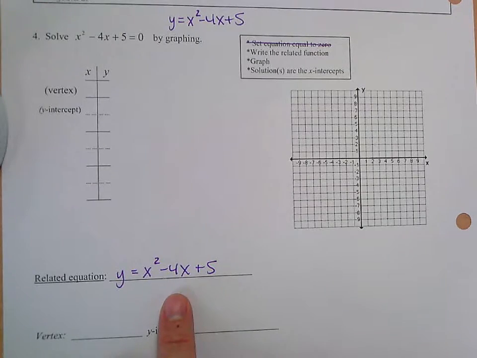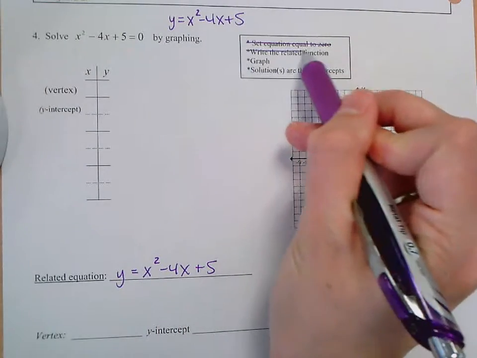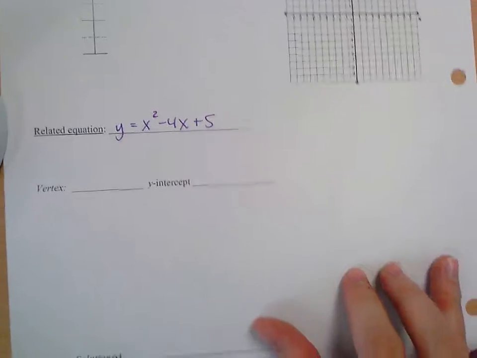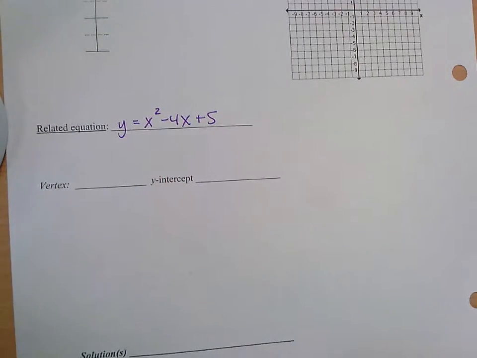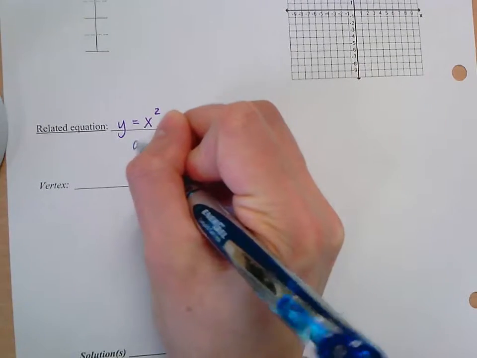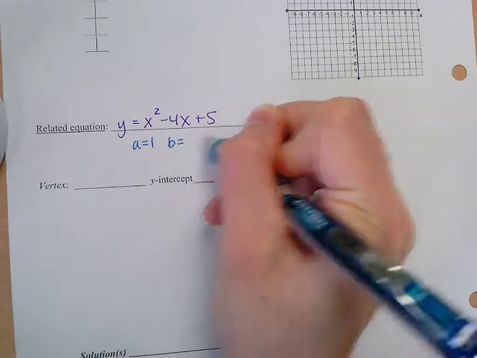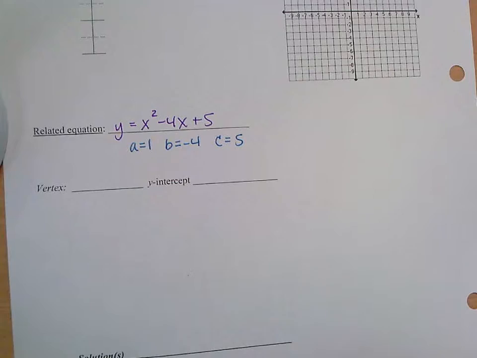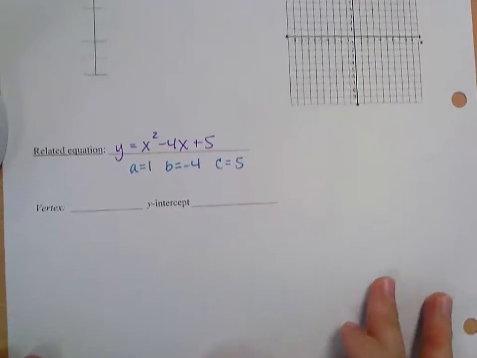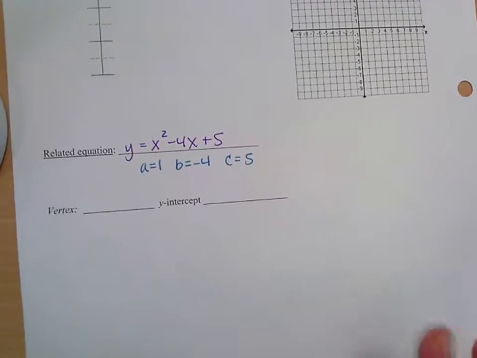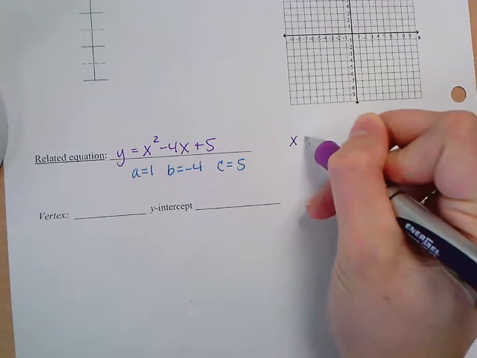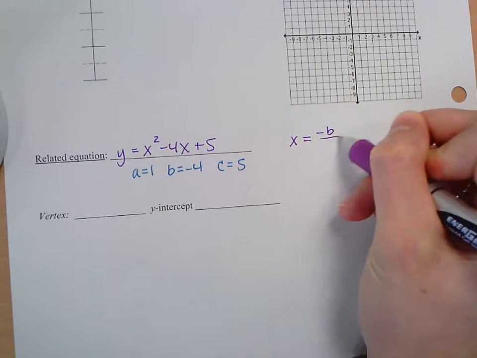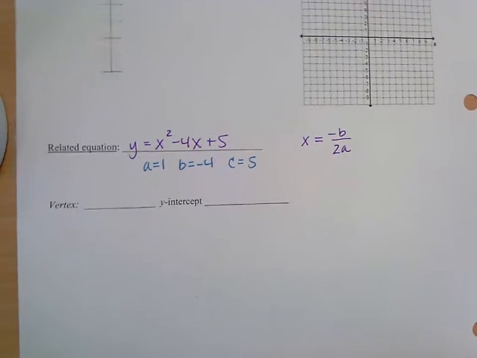So as we are going ahead to graph then, finding the vertex first, let's look at our equation. What's our a value? 1, B is -4, and C is 5. All right, so x equals opposite of B over 2A.